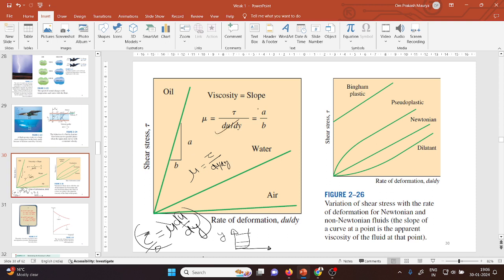If tau corresponds to a and this is b, just for the sake of understanding, your diagram is like that. This is for water, this is for air, and for oil; all these lines are drawn based on experiment, not qualitatively. This one is for a Bingham plastic type of fluid. Always remember this, because sometimes in the exam the examiner expects this kind of thing from your side, as it is basic.